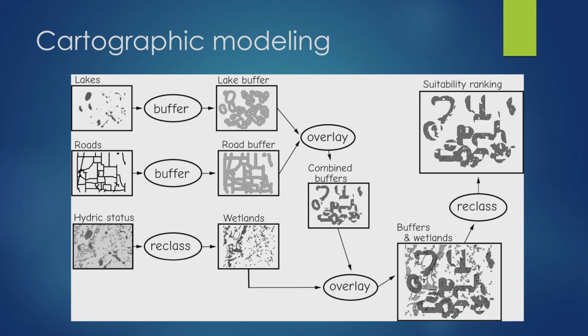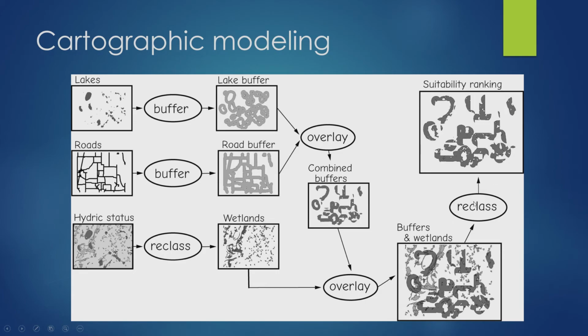And then we do an intersect overlay to get only those areas that are within the wetlands and within the buffer. So we intersect those two. Intersect gives us the areas that are in both the wetlands layer and the combined buffer.